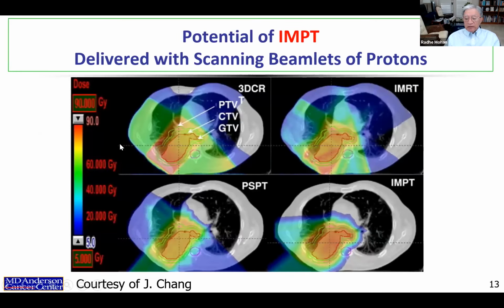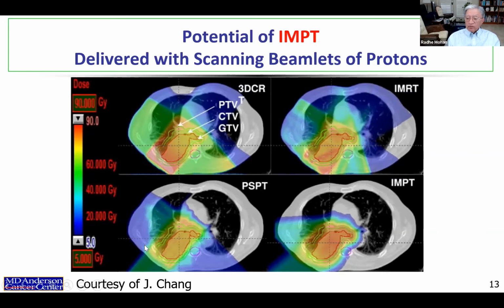This is an illustration from my colleague, Joe Chang, and what it's showing is 3D conformal radiotherapy with photons, and you can see that the IMRT dose distribution is better than 3D conformal radiotherapy. And this is what we have been using until, I guess, the early 2000s.